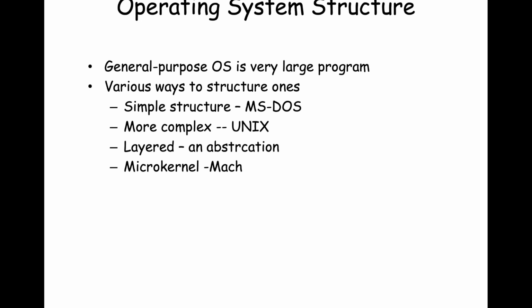And so there are many ways people have come up with over the years to structure the software for an operating system. There's simple structures like MS-DOS. At the time when MS-DOS reigned supreme, there was nothing really else out there, and the hardware was a lot simpler, so they could kind of get away with it. Unix was more complex, and then after that followed a layering approach, and it was a way of presenting various components of the system in an increasingly protected, higher level set of interfaces.